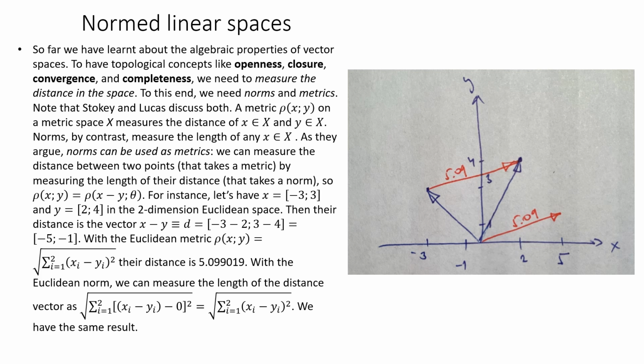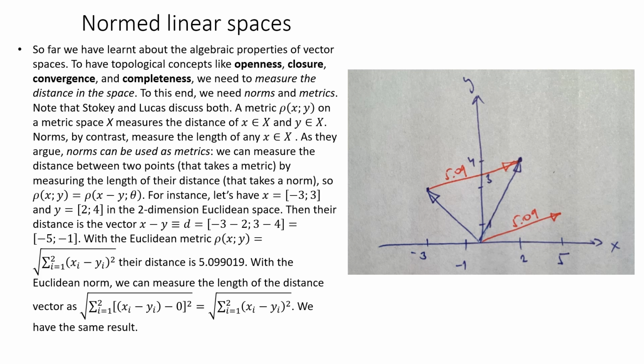We can use the Euclidean metric to measure the distance of the 2 points in the usual way. It is a real number. You can see 5.09. And with the related Euclidean norm, we can measure the length of the distance vector, and we have the same result.